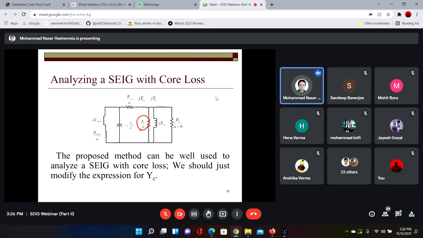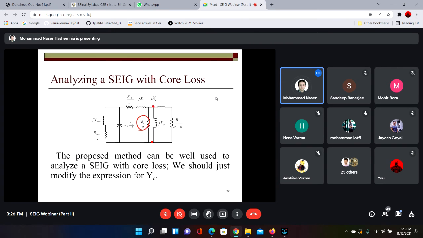We should just modify the expression for YC, and also in case we want to calculate the performance, we should come here and equate the real and imaginary parts of the admittance to 0, and you can analyze the circuit. So this method is general.